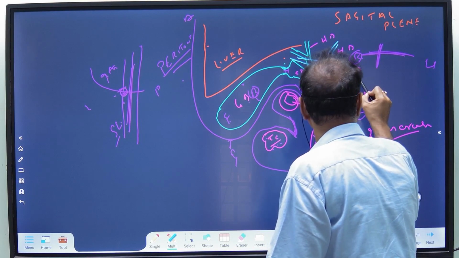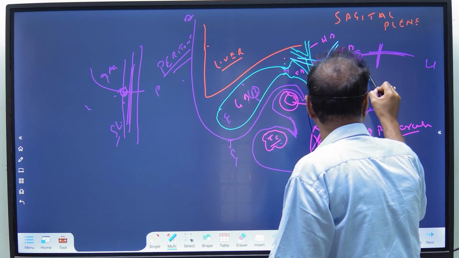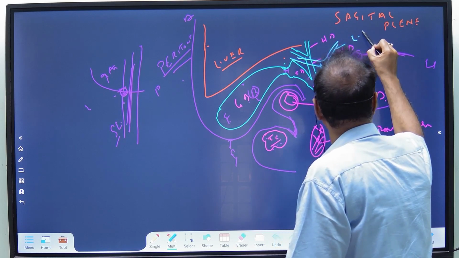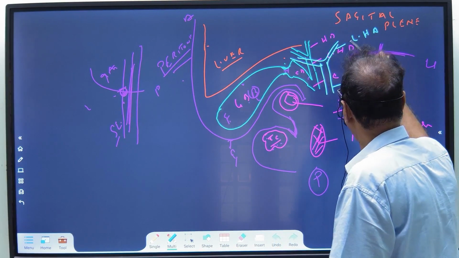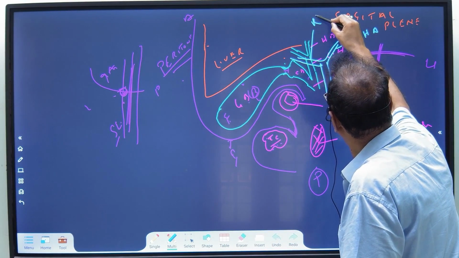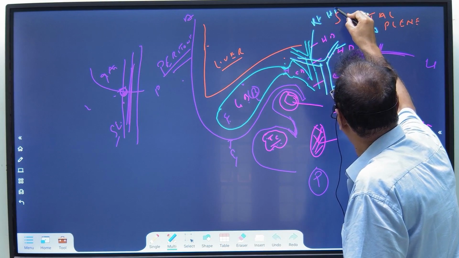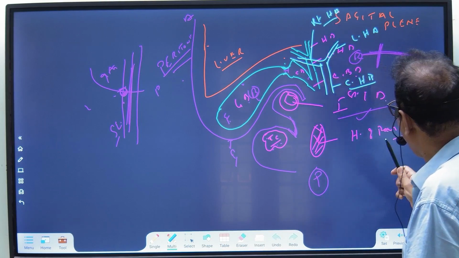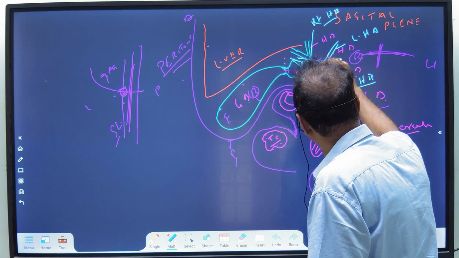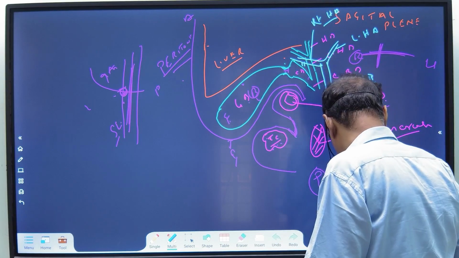And this one is the right hepatic artery. From the right hepatic artery, there is a branch which is known as the cystic artery. This one is the cystic artery.